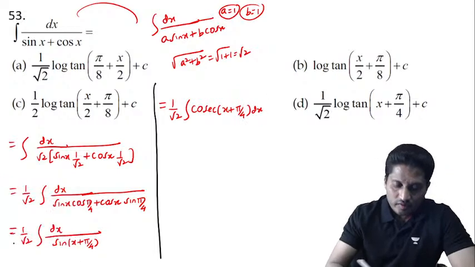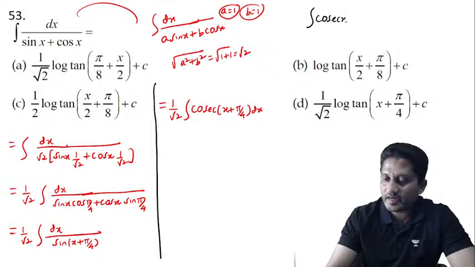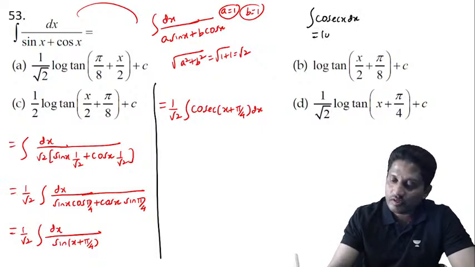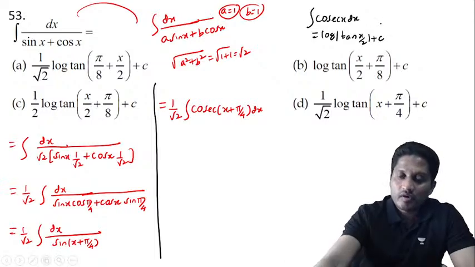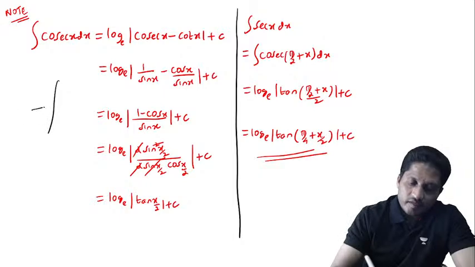Alright, now integration of cosec x, just now I derived the simplified form. Integration of cosec x is log tan x by 2. We derived this just now in the previous slide.